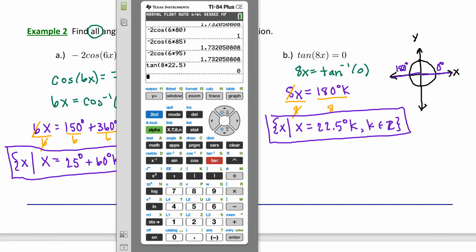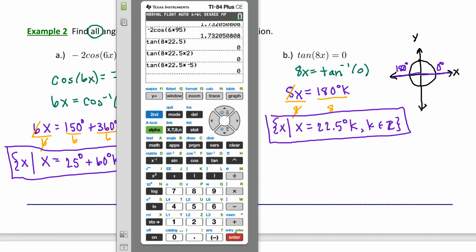Okay, now let's suppose k equals 2. 22.5 times 2. That one works. Let's try a negative 1. Okay, so tangent of 8 times x, let's say 22.5 times any integer you like. Let's try negative 5.